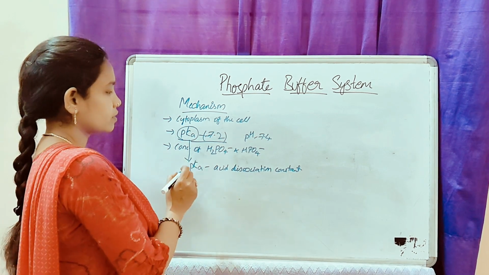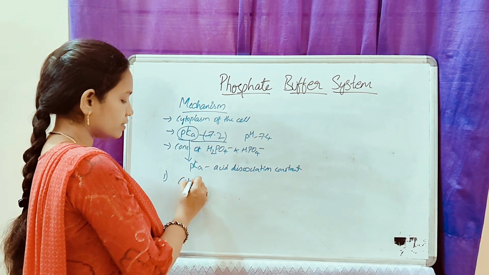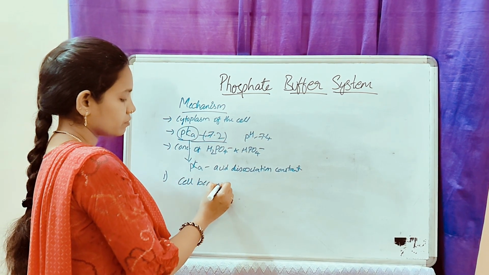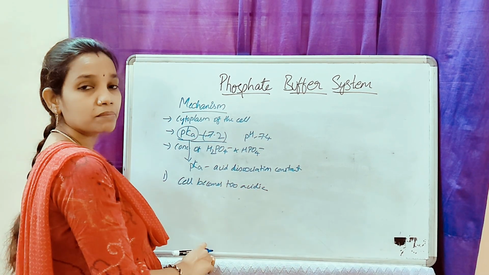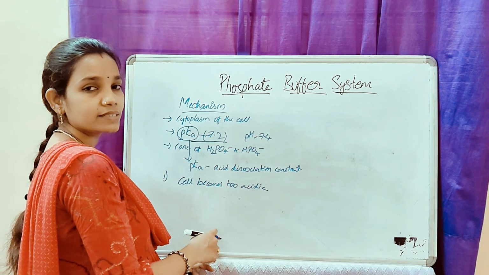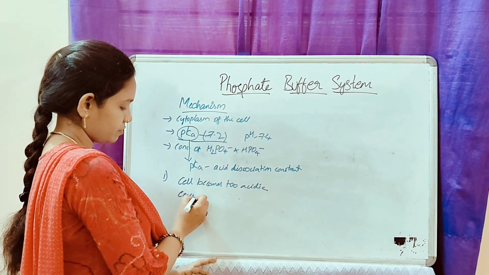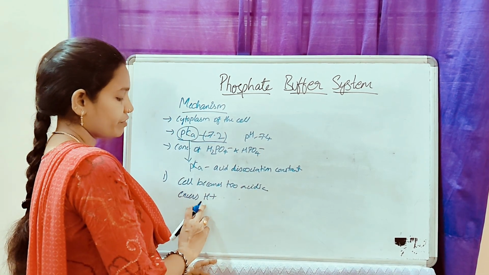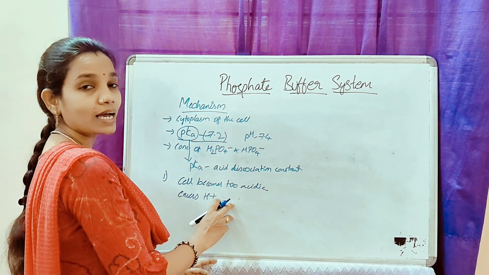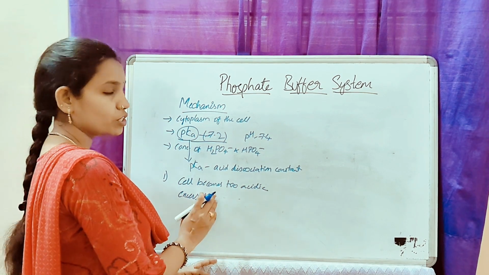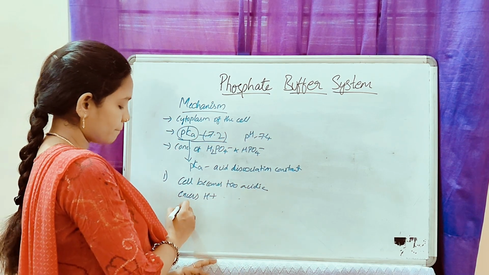Okay. Now, let's see what will happen when the cell becomes too acidic. Excess protons are released. If excess protons are released, what will happen? Again, it leads to the instability of the cell. So, in order to neutralize these excess H plus ions, we take the base form.